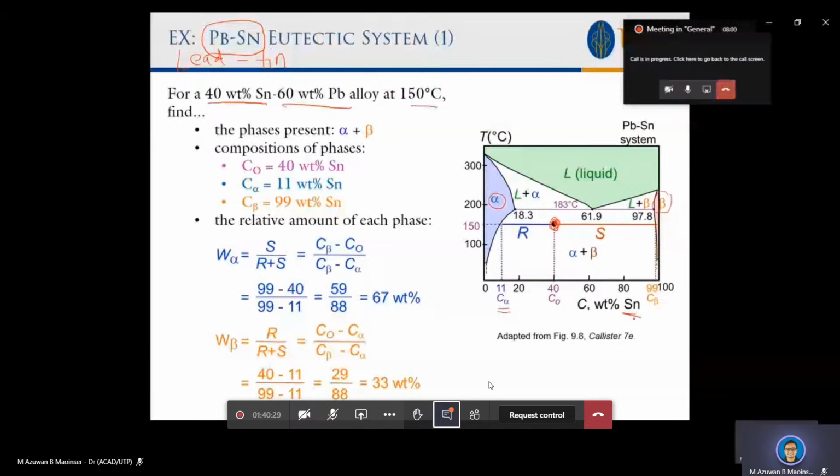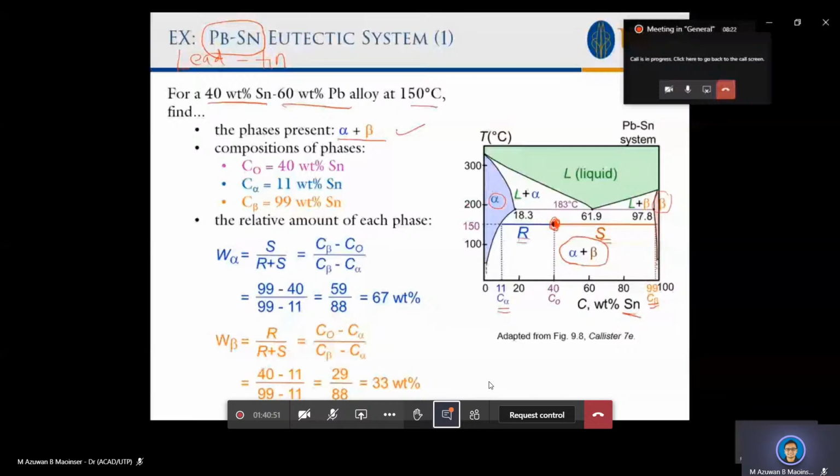C alpha, C beta. All right. And then we mark our line here, R and S, fine. You are here, therefore you are actually alpha and beta. These are the phases that you start with. So the phases present are alpha and beta.